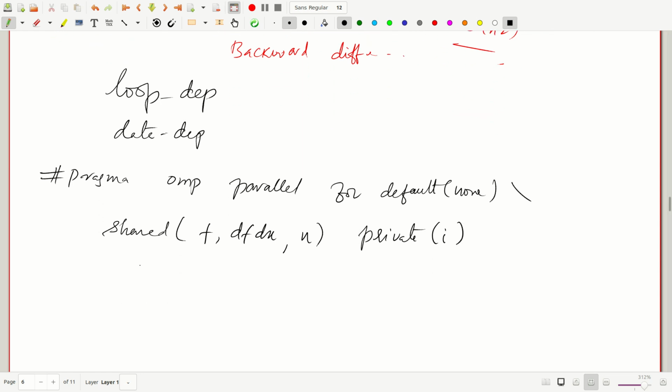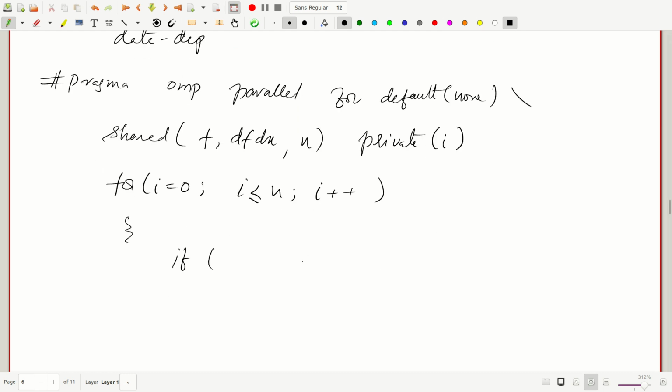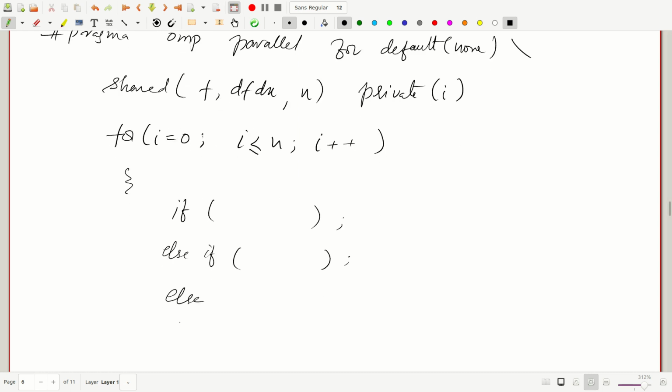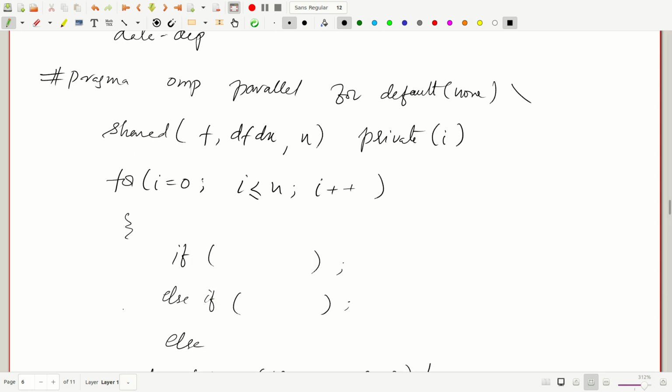Then you have basically for i equal to 0, i less than or equal to n, i plus plus, and then you have your conditions. If at the beginning use something, else if at the end use something else, you would do basically df dx of i equal to f of i plus 1 minus f of i minus 1 divided by 2 times h, is what you would do, right? That's basically your parallelization for spatial derivatives.